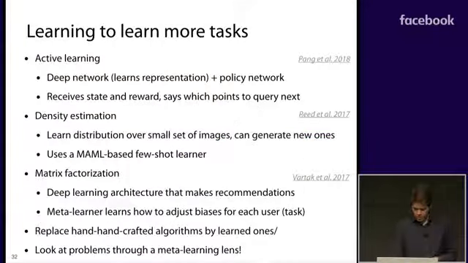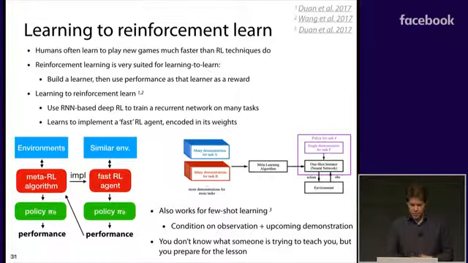You train this meta learner to build a reinforcement learning agent, not knowing what the actual demonstration is going to be, but it will be maximally prepared for solving tasks that are similar to the ones it's been trained on. Right? So it learns how to build RL agents for similar tasks.